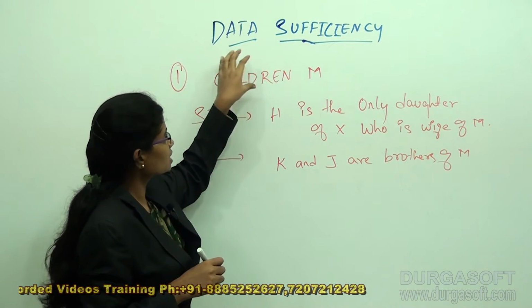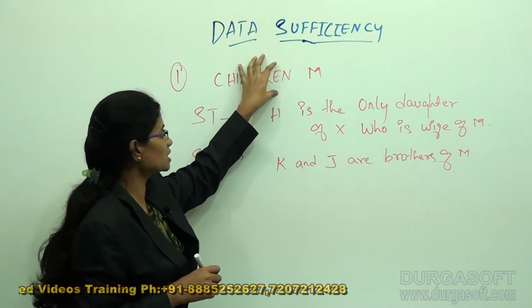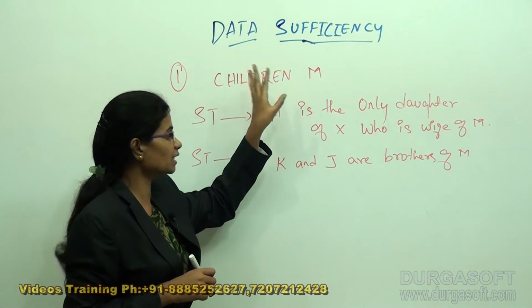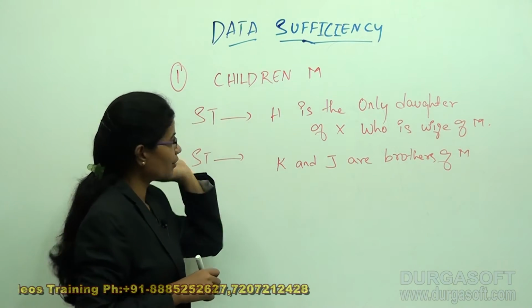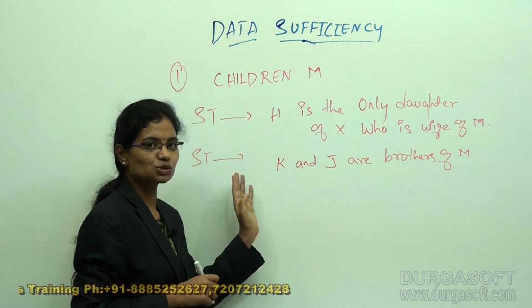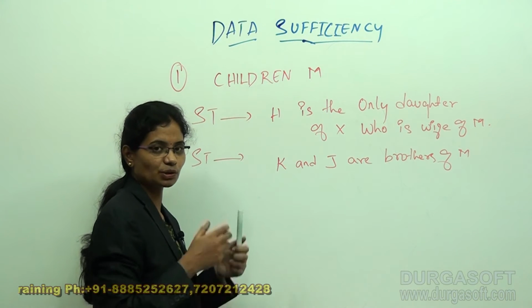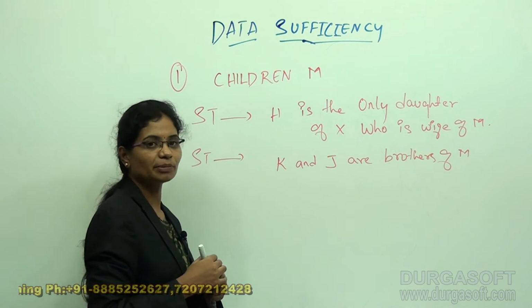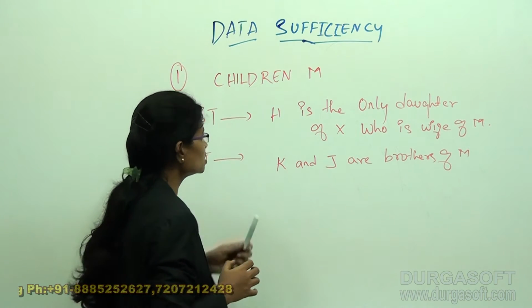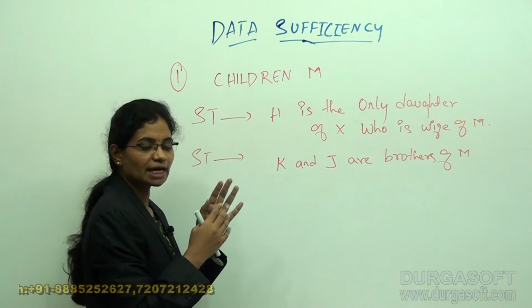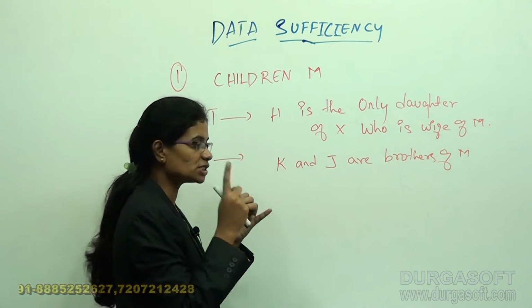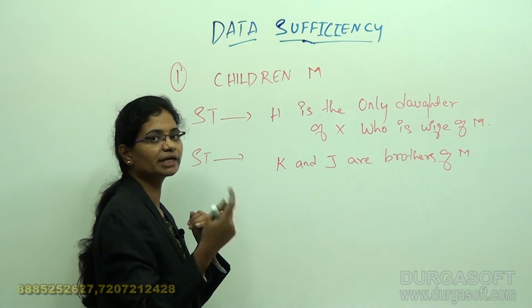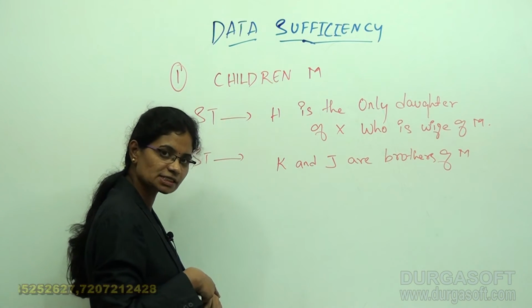To get the answer for this incomplete data, which statement is going to help complete the given question? Just try individually. First try only one statement. If you are getting the answer, just go for the second statement also.